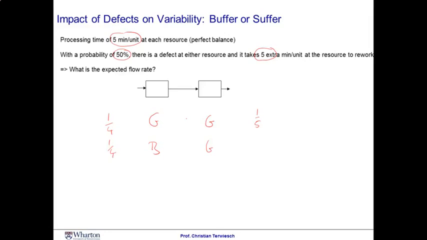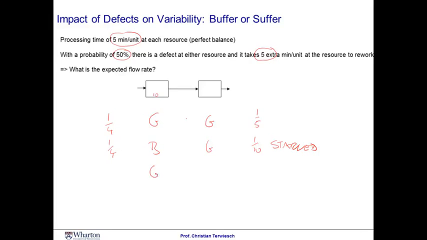That also has a probability of 1 over 4. Now what happens? In this case, the first resource will take 10 minutes to complete the work. However, the second resource is done after 5 minutes and is then out of work. We say that this process is starved at resource 2. Resource 2 is starved of work and the flow rate goes down to 1 over 10.